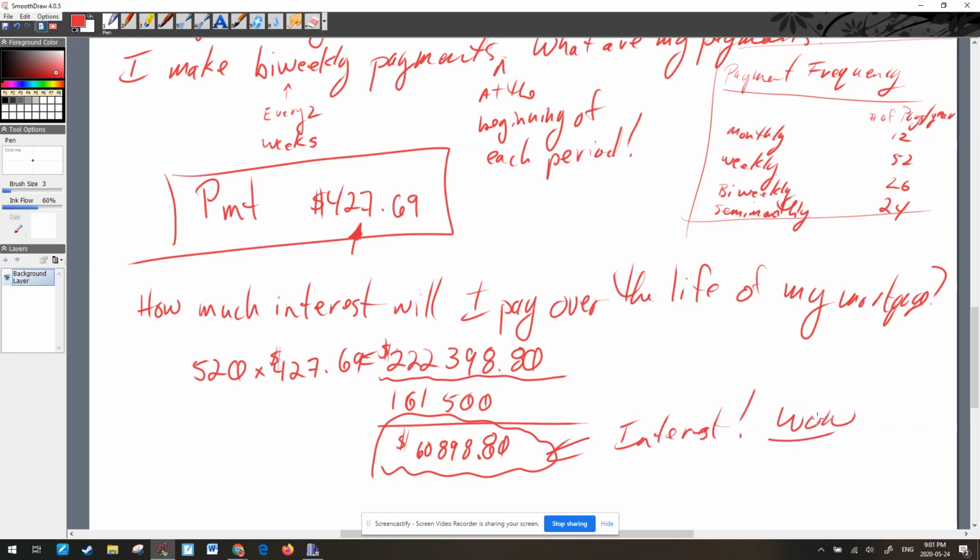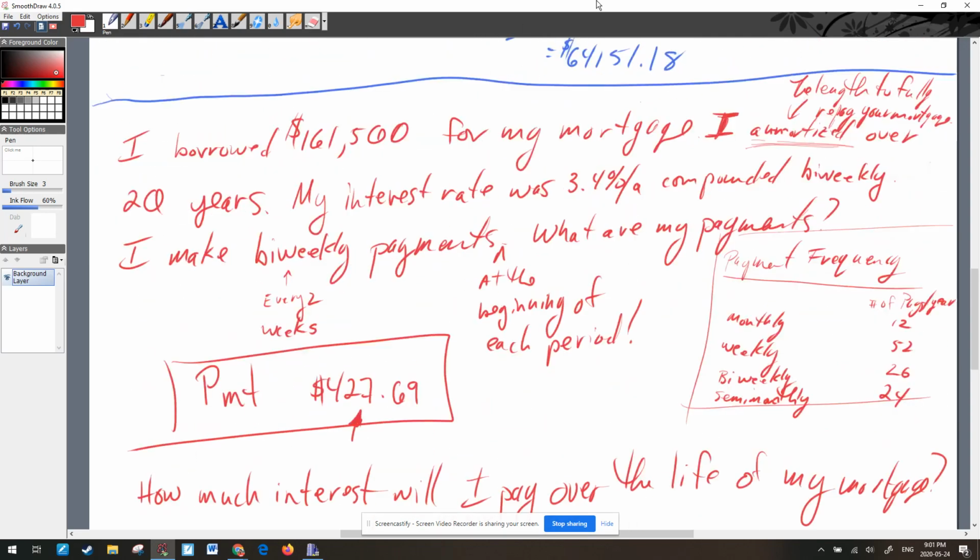Wow. Okay. And I'll tell you, 3.4% is actually a little bit higher than what mortgage rates are right now. But it's funny, mortgage rates are so low that the textbooks that we have don't actually go low enough in their charts. It used to be that we didn't have access to really nice calculators to help us calculate these things, and so we would use mortgage charts.